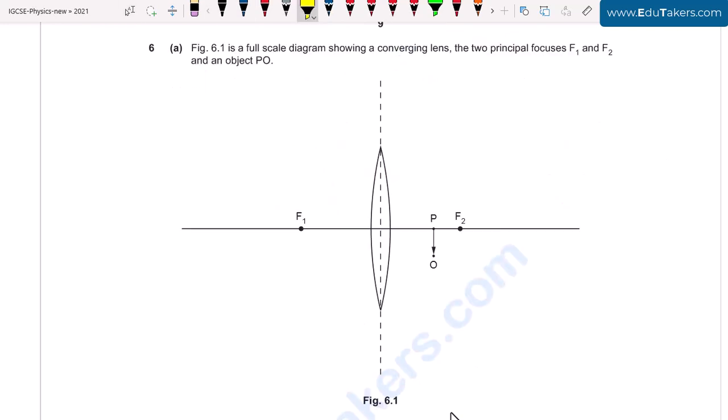Question number 6, part A. Figure 6.1 is a full-scale diagram showing a converging lens, the two principal focuses F1 and F2, and an object PO. Here is object PO and the principal focuses are F1 and F2.